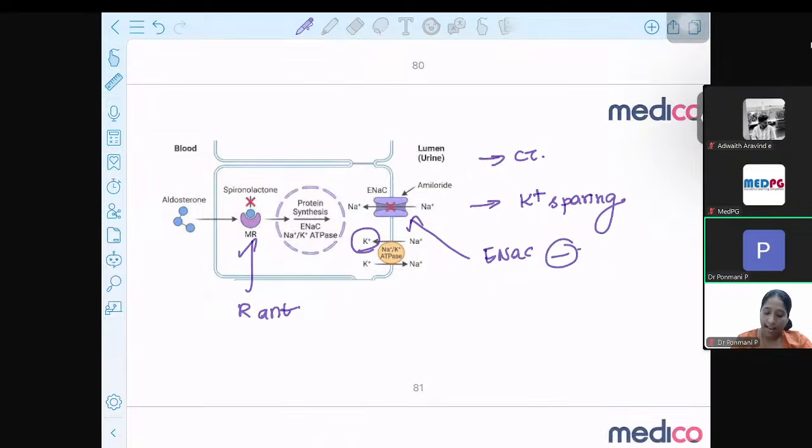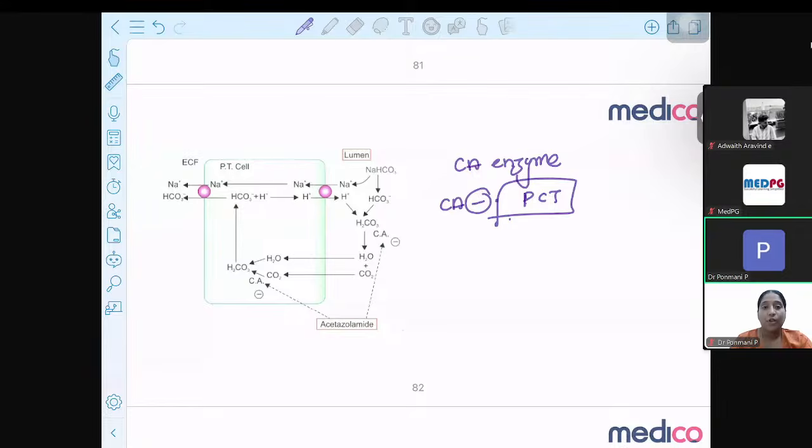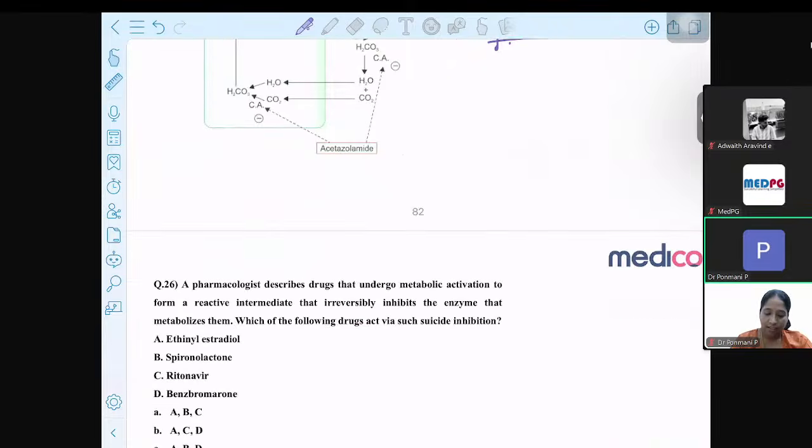Okay. And the drugs which inhibit the carbonic anhydrase enzyme are carbonic anhydrase inhibitors, which act in the PCT. Okay. So these are the sites of action of the drugs.